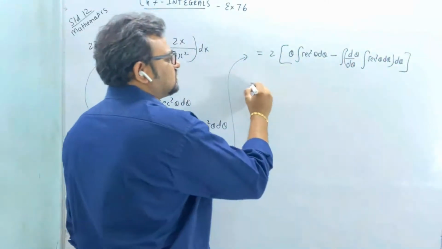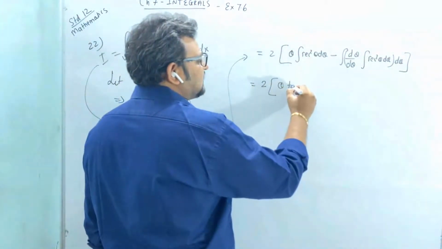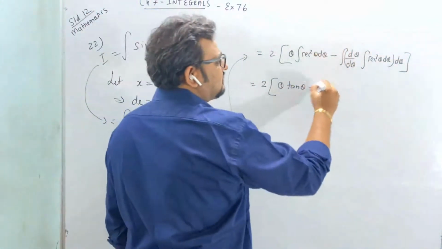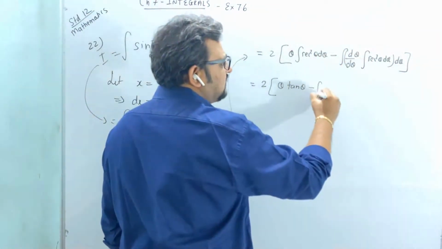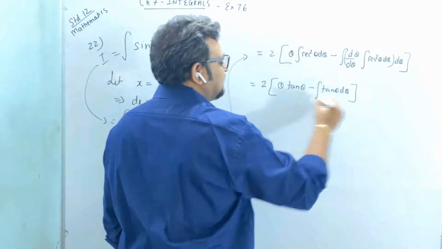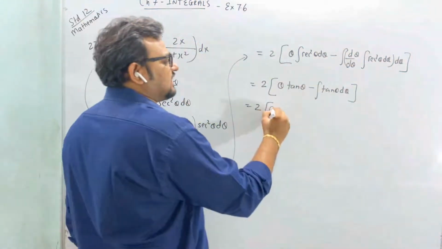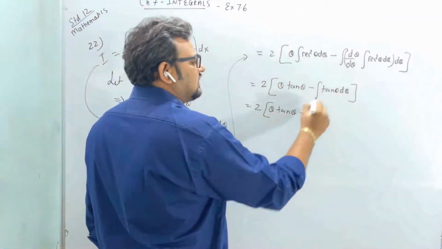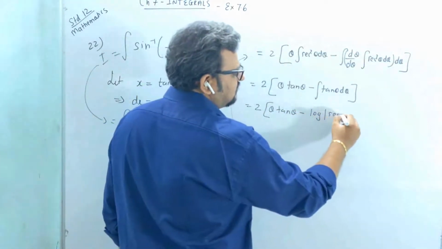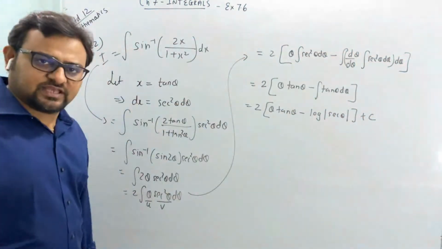Okay, so this will be equal to 2 theta as it is, integration of sec square theta is tan theta, derivative of theta with respect to theta is 1, sec square theta integration tan theta d theta, 2 theta tan theta minus integration of tan theta, log of sec theta plus c.